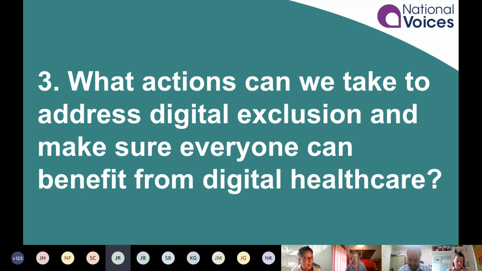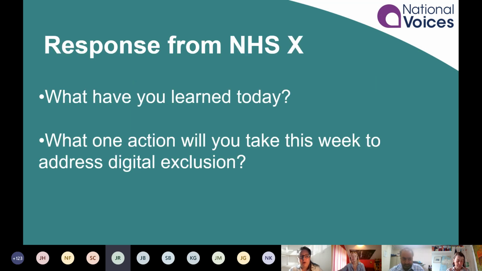We've got Sonia Patel, who's the Chief Information Officer from NHS X, and Emma Halliday, who's working on inclusion during COVID-19. I have two questions for them and any others from NHS X who are here today about what you've learned and what action you'll take back. But before that, one thing that came up from Sarah Boyd in the chat was about whether NHS X has a central team that's leading on this and could potentially produce guidance.